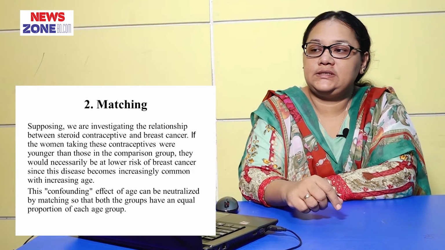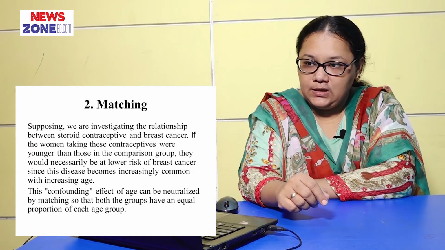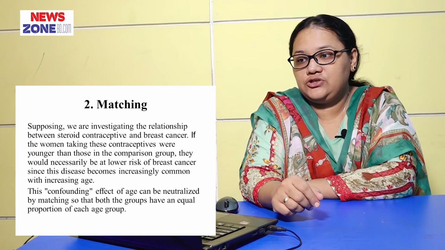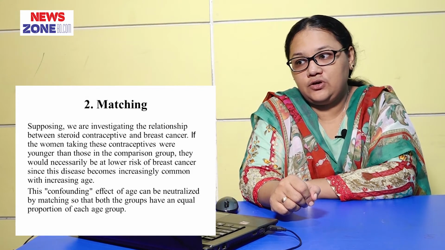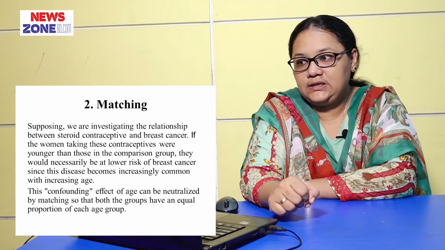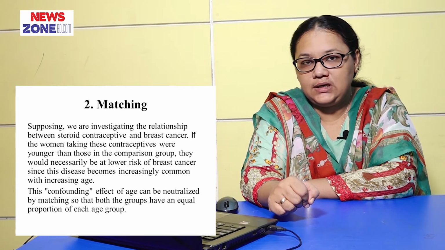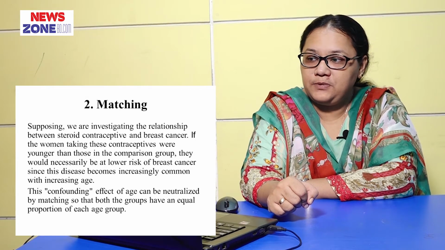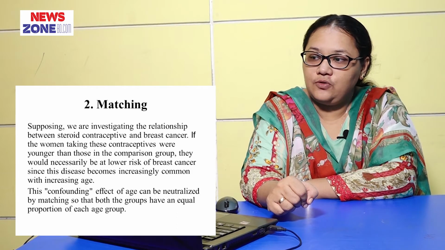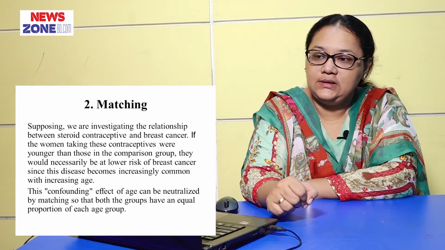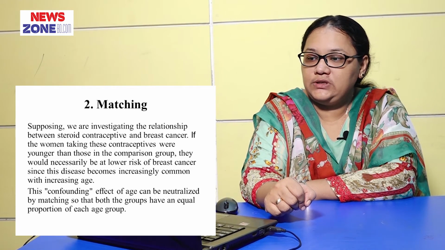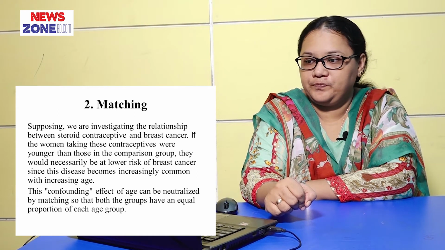Now second step, matching. Supposing we are investigating the relationship between steroid contraceptives and breast cancer. If the women taking these contraceptives were younger than those in the comparison group, they would necessarily be at lower risk of breast cancer, since this disease becomes increasingly common with increasing age.